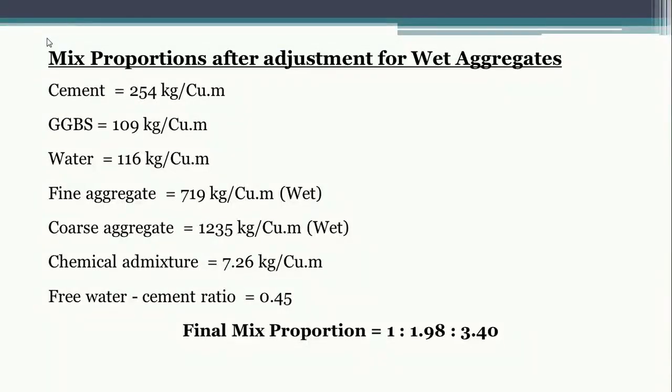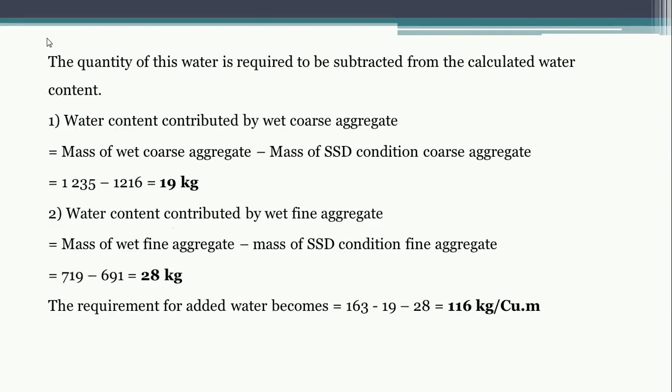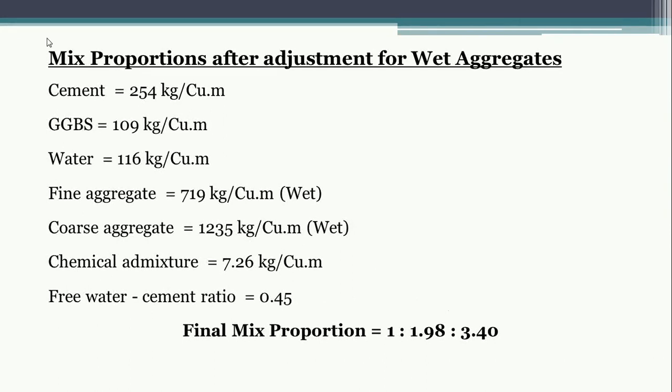Now we are using it in wet condition, so it is 719 kg per meter cube. In coarse aggregate, earlier it was 1216 in the SSD condition. Now in the wet condition it is 1235. The chemical admixture remains the same, 2% of the total cementitious material. So 2% of 363 you will get 7.26, and the free water cement ratio is also 0.45.